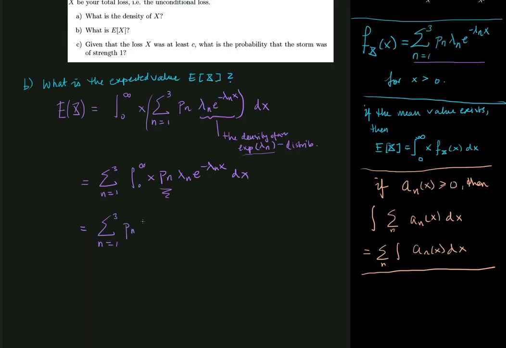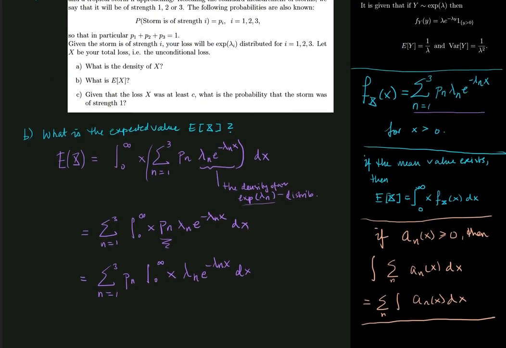But I can take it out of the integral, and what I have here is the integral of x multiplied by the density of an exponentially distributed stochastic variable integrated from 0 to infinity. So I can recognize this as the mean of something that is exponentially distributed with parameter lambda n.